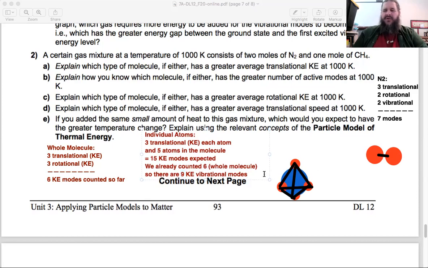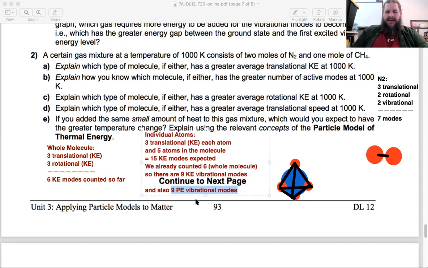But the atoms are also interacting with each other inside the molecule. So there's also the same number of potential energy vibrational modes. The 9 kinetic energy vibrational modes basically means that this molecule acts like there's 9 tiny invisible springs inside it. Each one of those tiny invisible springs has kinetic energy and potential energy. So if there's 9 kinetic energy vibrational modes, there's also a matching 9 potential energy vibrational modes.